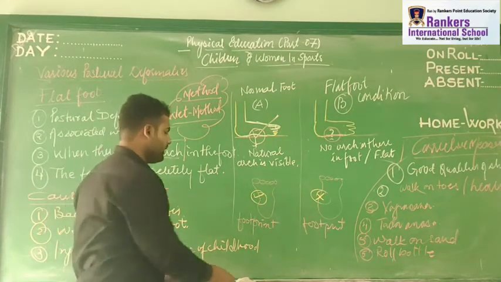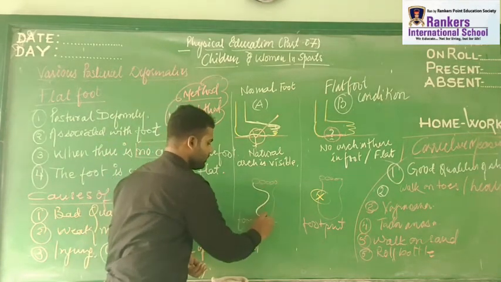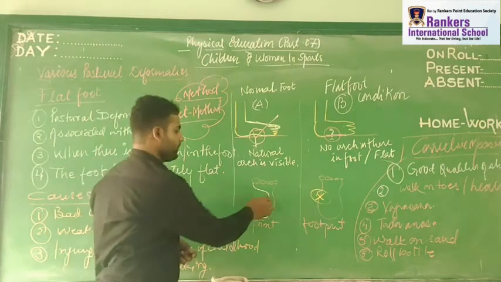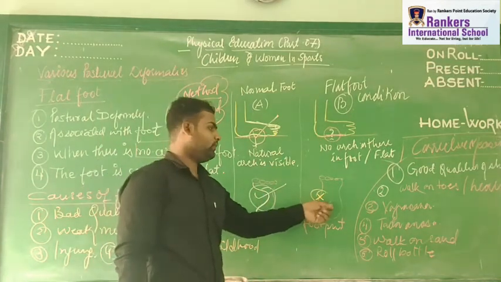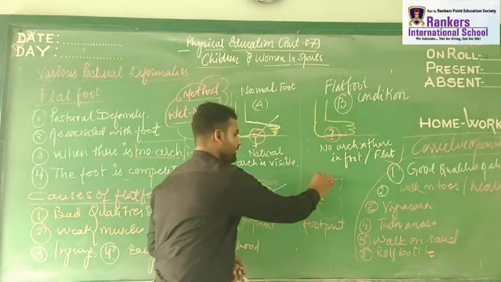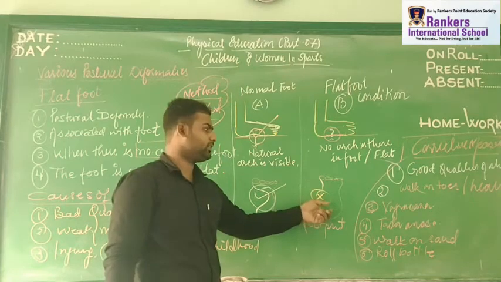So in the simple way, this kind of arc we can see. But if an individual has this flat foot, then the print will be complete here like this.